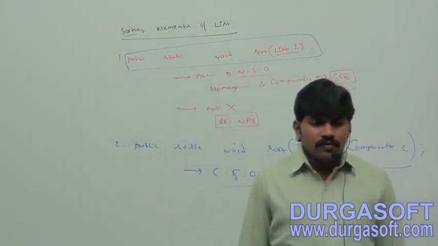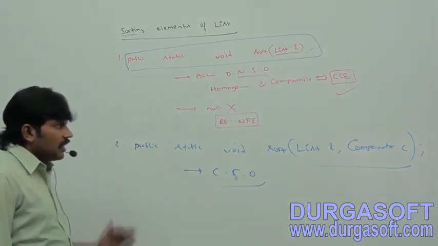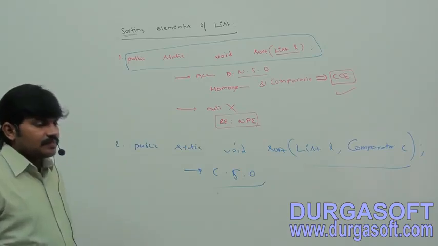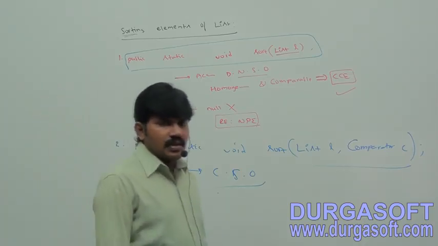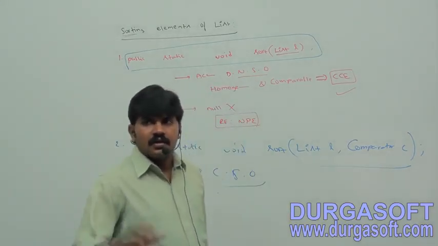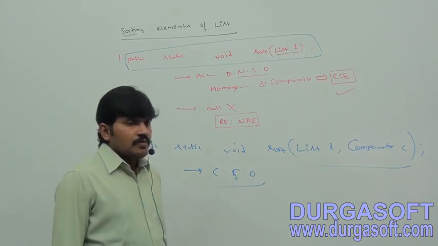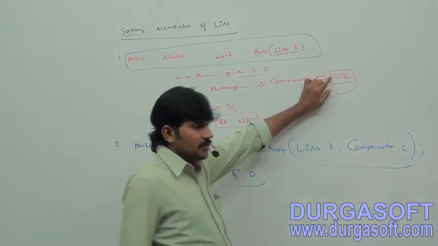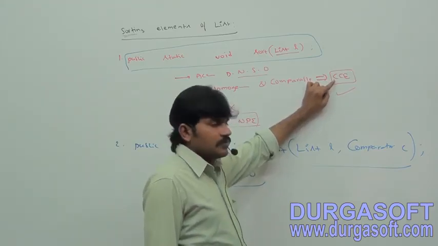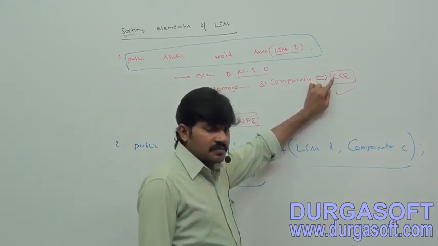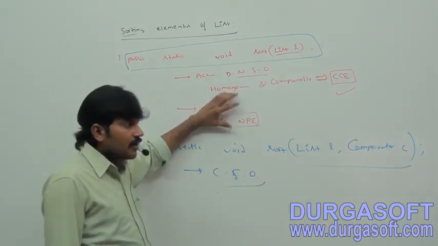Otherwise we will get a runtime exception saying ClassCastException. Single word, don't give a space in the middle. Next, have you remembered one more point? The list should not contain null.